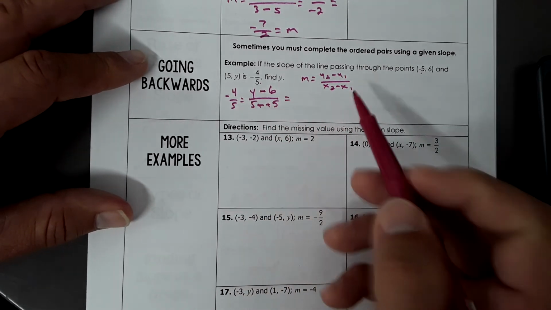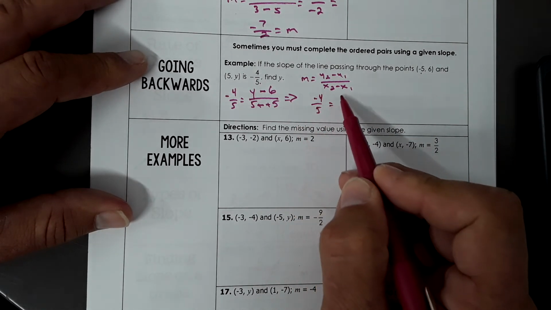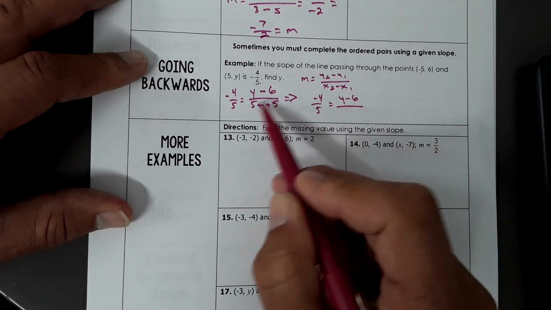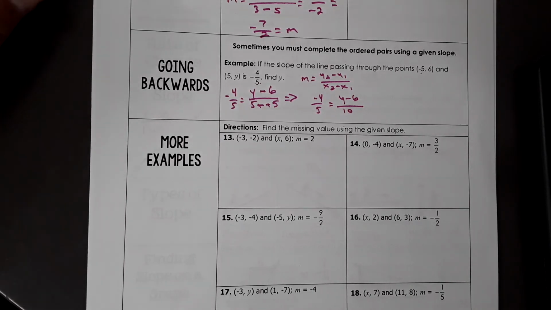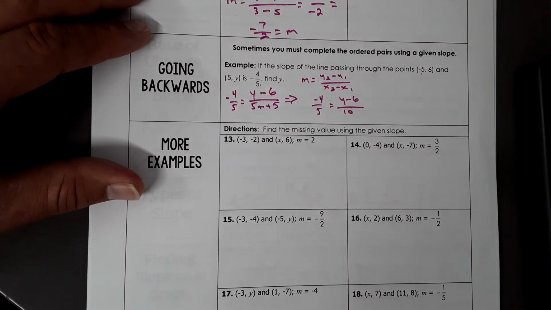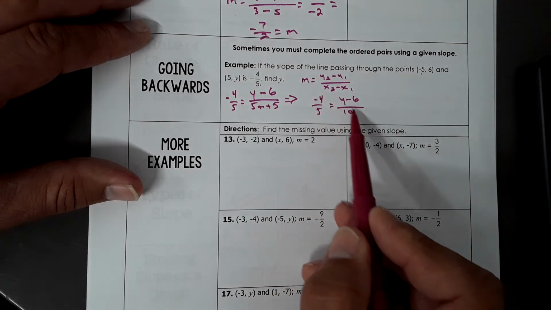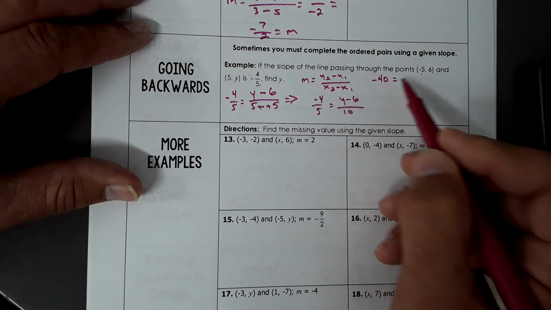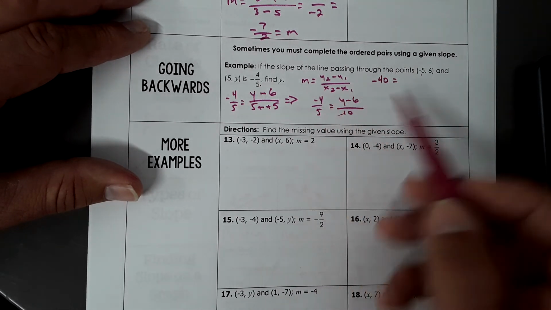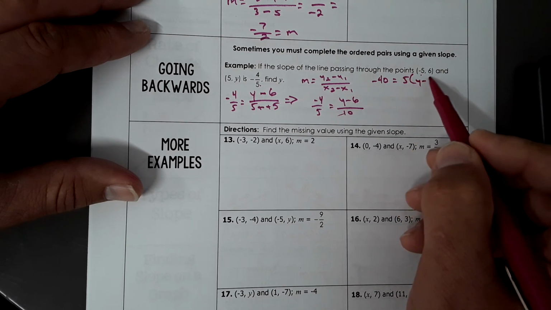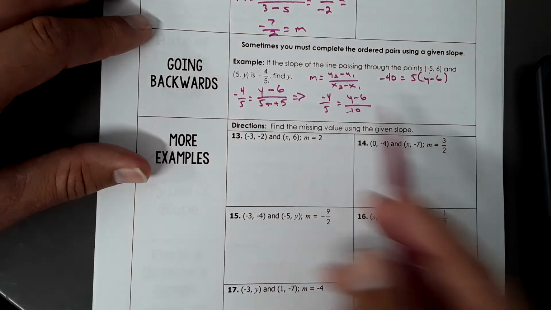If I clean this up, I'm going to have -4 over 5 equals y minus 6 over 10. This looks a lot like the proportions we were doing 2 weeks ago. The butterfly, remember? So -4 times 10 is -40, and that equals 5 times y minus 6. And now I have an equation I can solve for y.